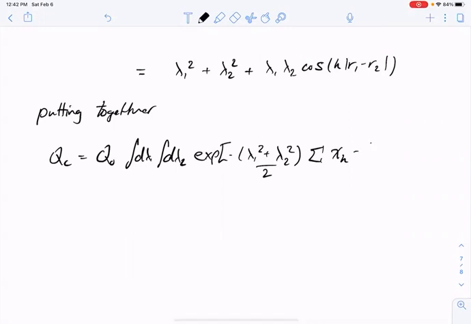In addition, we have minus 1/2 lambda 1, lambda 2, a sum over chi of k, let's put this down here, chi of k weighting a function of the distance between R1 and R2.